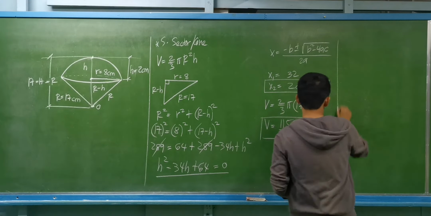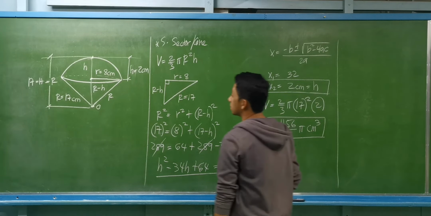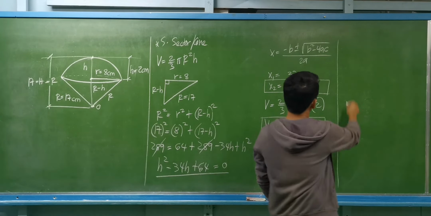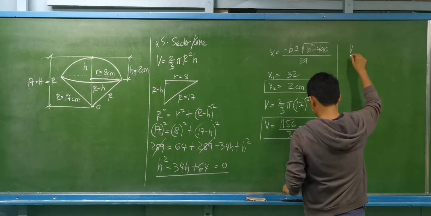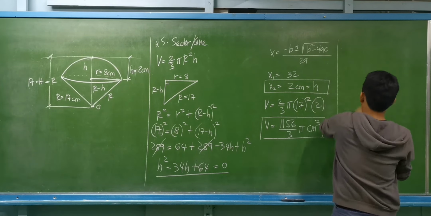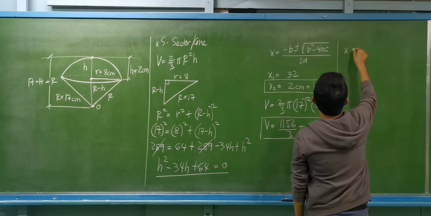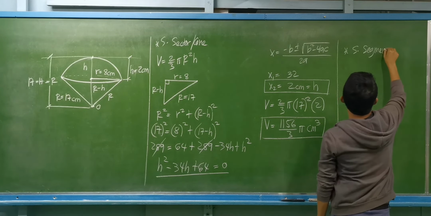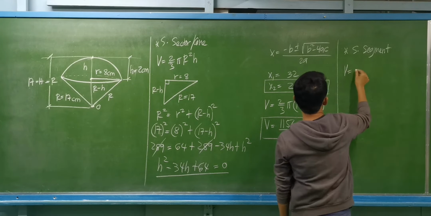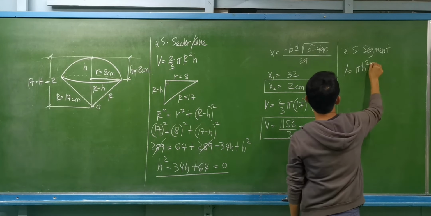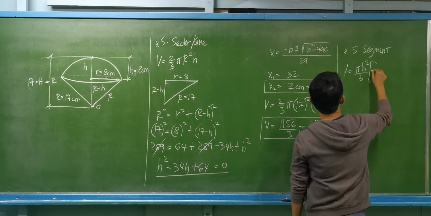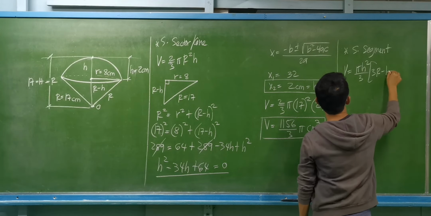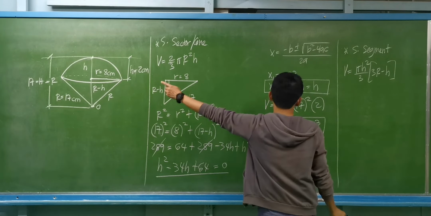What about the volume of the spherical segment? For the spherical segment, the volume is equal to pi h squared divided by 3, multiplied by 3 times the radius of the sphere minus the height of the zone.